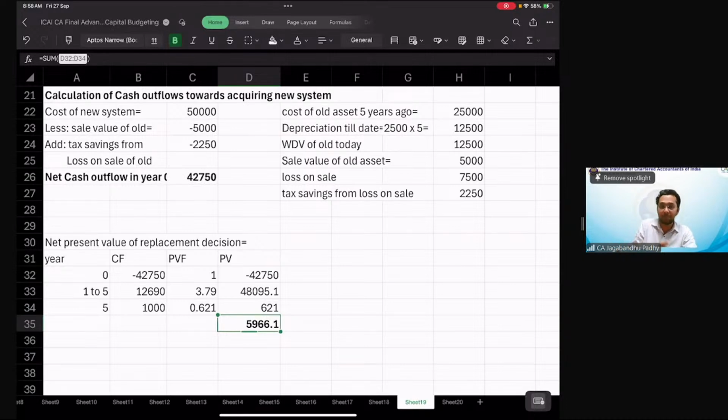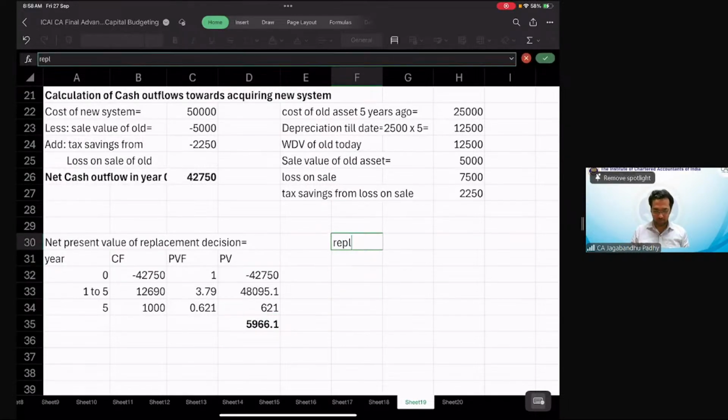I mean, should we replace the machine? Should we replace it or we shouldn't replace it? Should we replace the machine or should we not replace it? Of course, replace it. Right? We'll say replace the system with new one as NPV is positive.